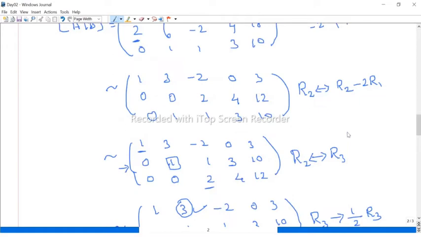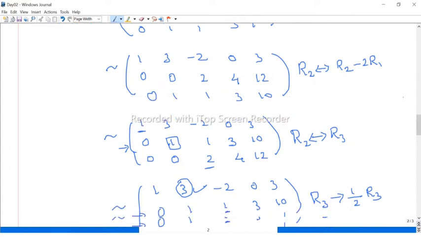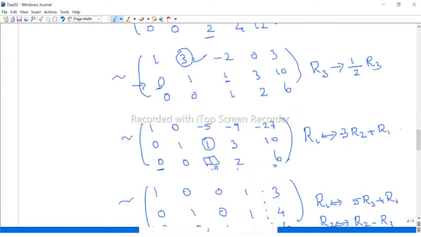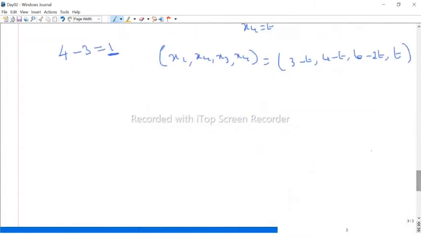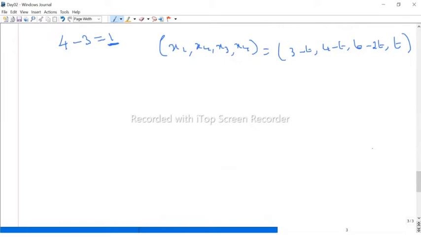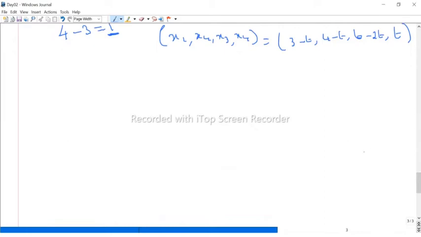Okay. Now the question is, I already said that if the right-hand side is 0, then we say the system is a homogeneous system. In a homogeneous system, if the number of unknowns is more than the number of equations, then it has infinitely many solutions. So let me state the theorem. Suppose you consider the matrix equation Ax equal to 0.